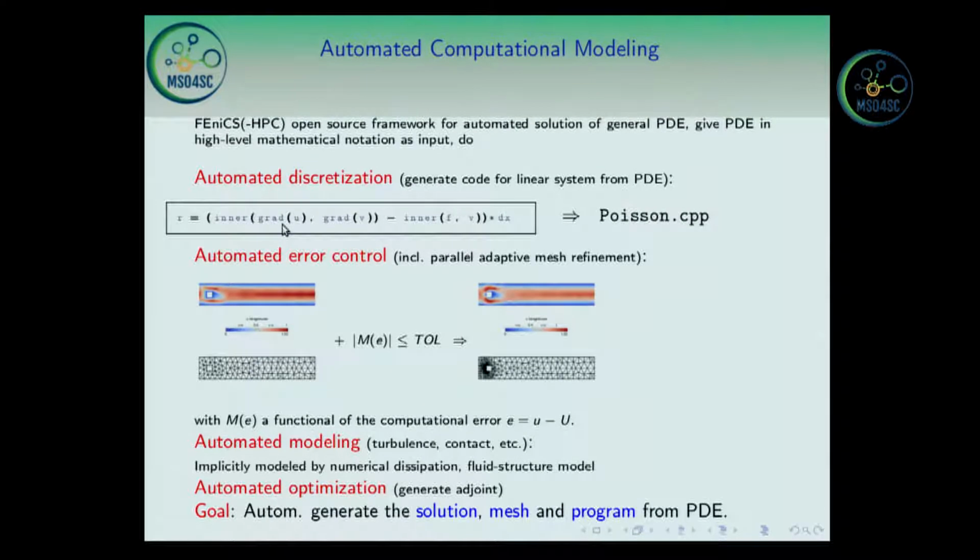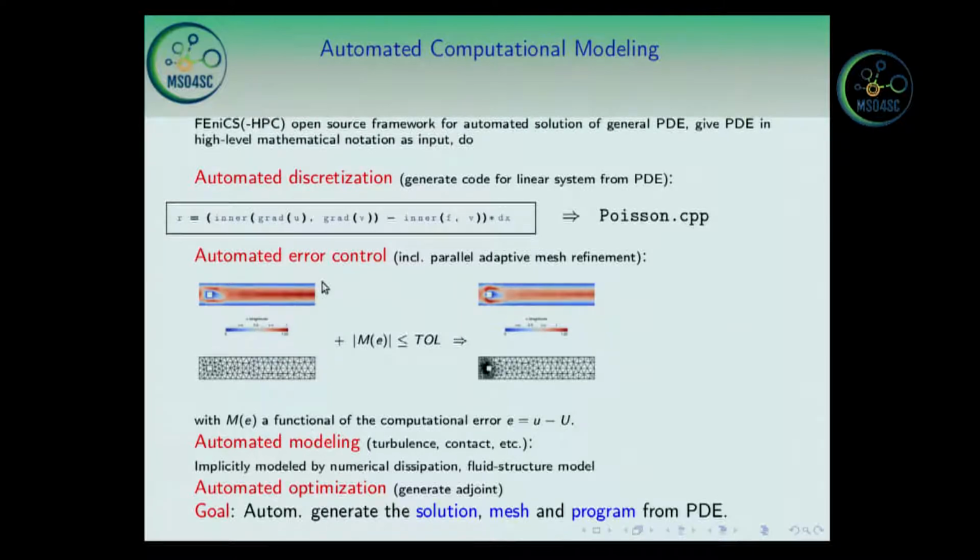This is a high-level description, actually Python, so it's very high level. And then this is compiled to low-level source code that can be hundreds of thousands of lines long to generate code to construct the linear system. That we call automated discretization.